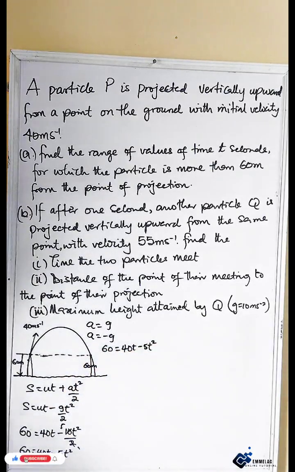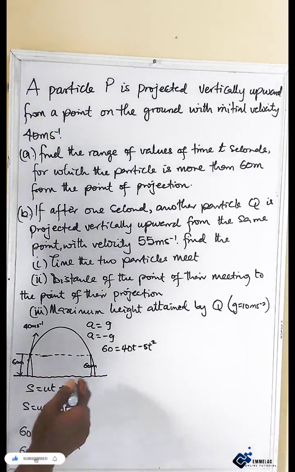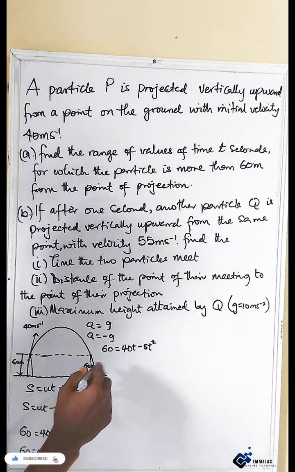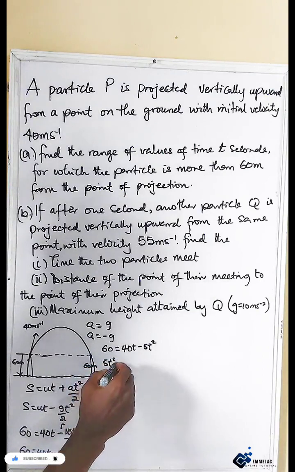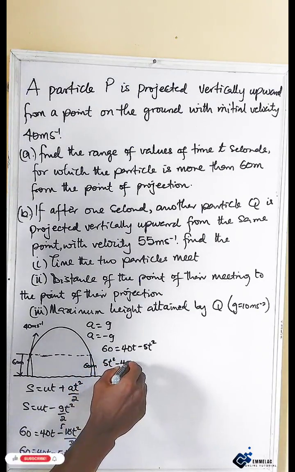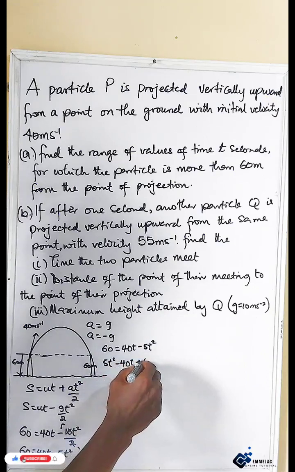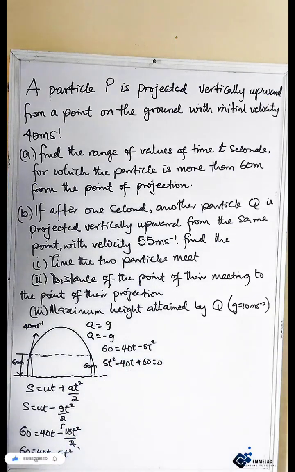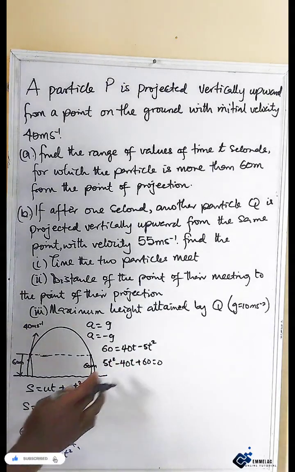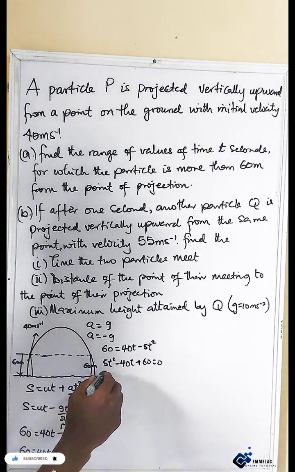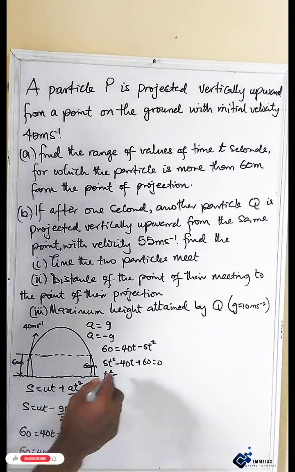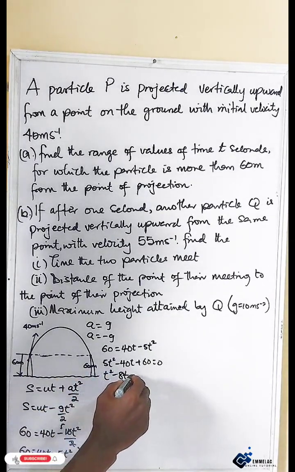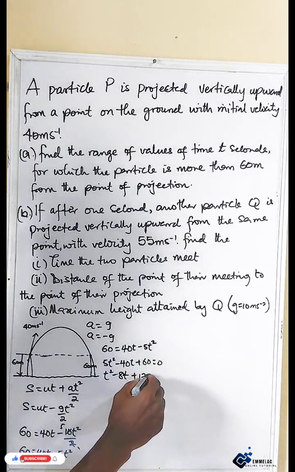We can rearrange: this will be 5t squared minus 40t plus 60 equals 0. Dividing all through by 5, we get t squared minus 8t plus 12, since 40 divided by 5 is 8.